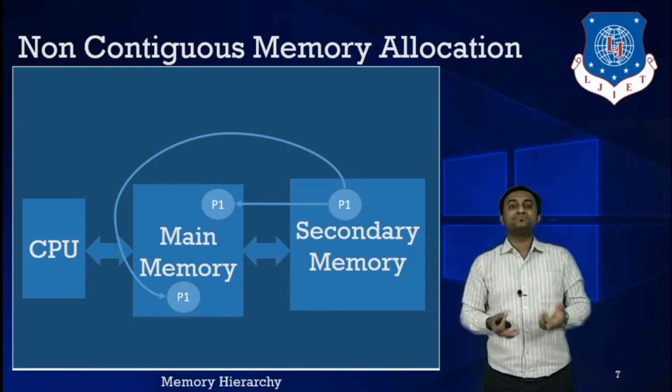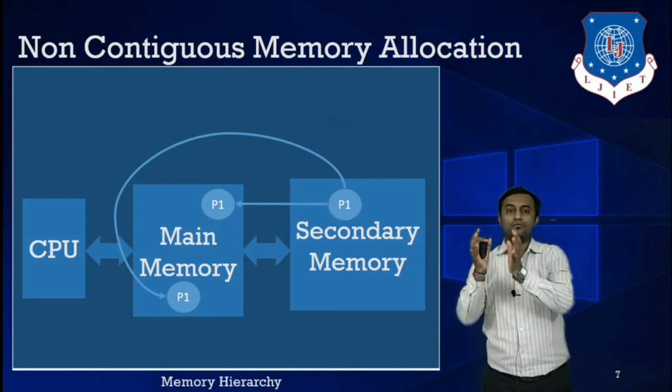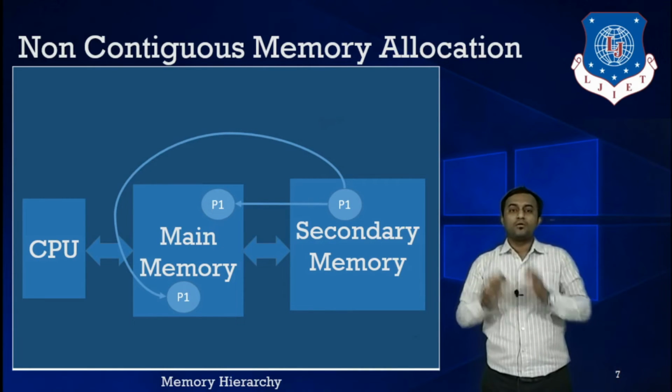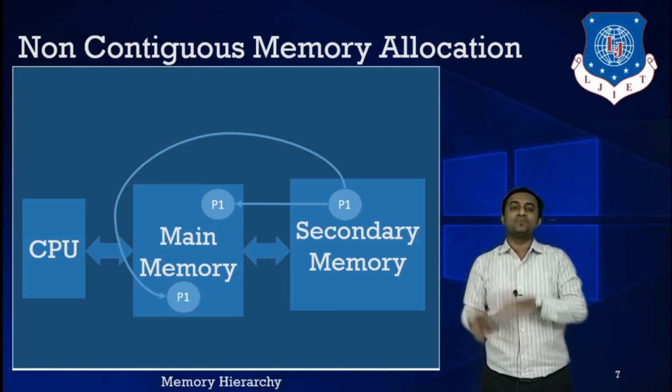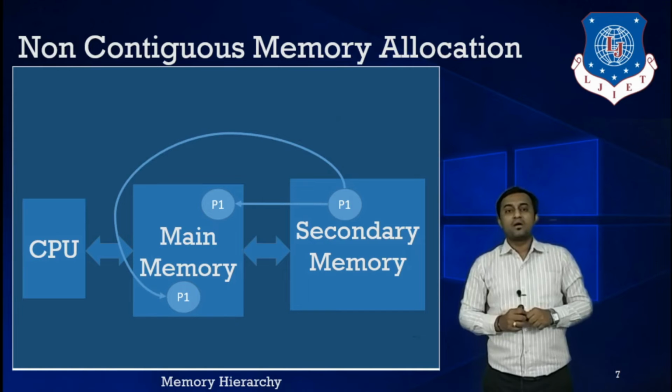In this case, suppose we have one program of 10 KB and that program needs to be executed in the CPU, so that program needs to be shifted into main memory.